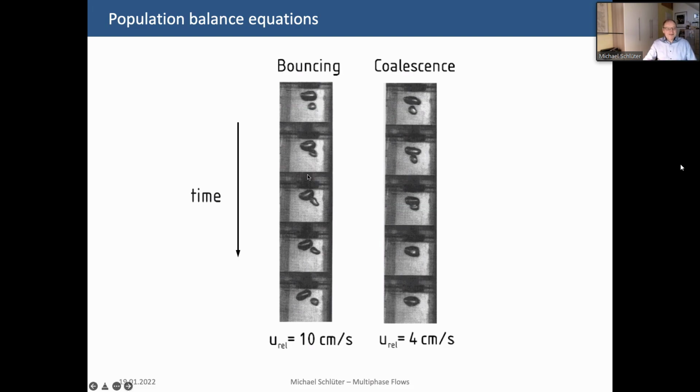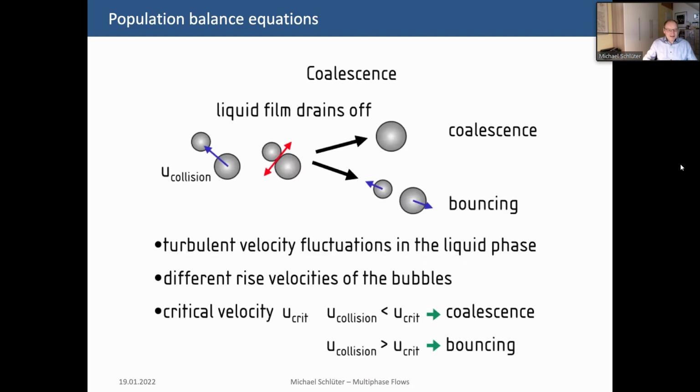And now you can study this, and you can try to understand what's going on here physically. Why do we have coalescence in one case and bouncing in another case? What comes up here is that obviously the 2 bubbles need some time to coalesce.